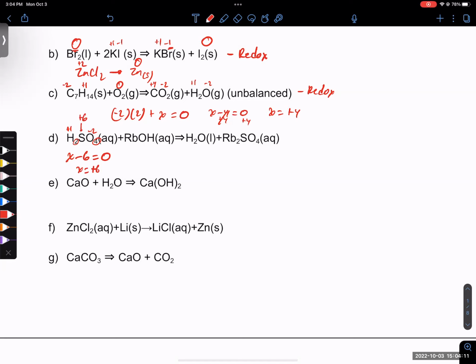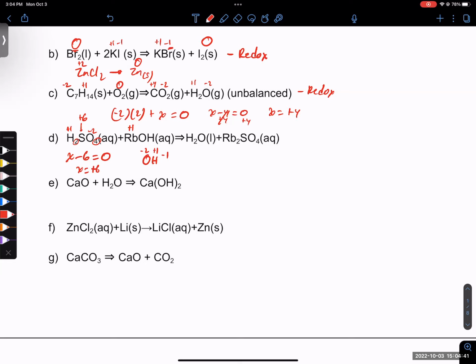So +6 right here. What about rubidium? What's your oxidation number on that? +1, yeah, because it's an alkali metal and that always goes to its charge. What about for hydroxide, so OH minus? Yeah, -2 for your oxygen, because your oxygen always has to be -2. And then your hydrogen is usually +1.